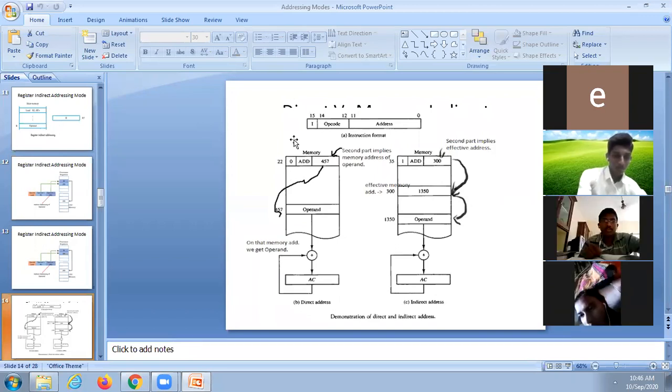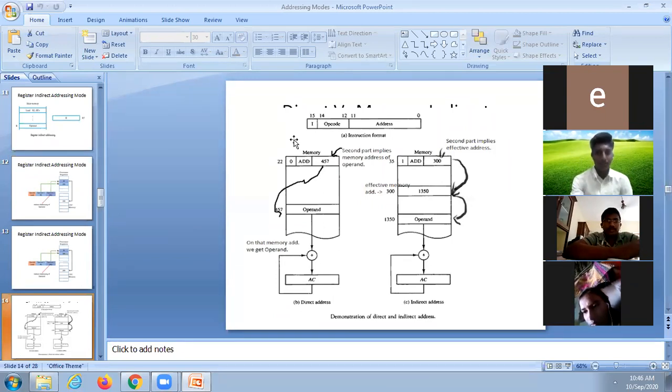For any arithmetic or logical operations on two values or two data elements, one data element must be in the accumulator. That you need not show here.